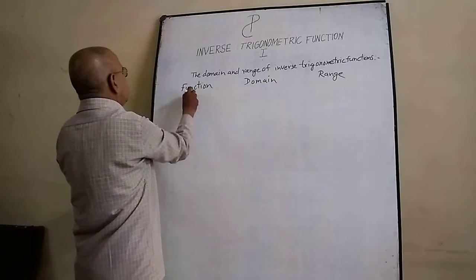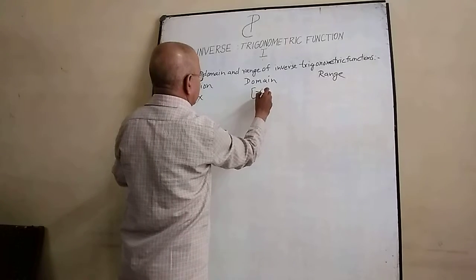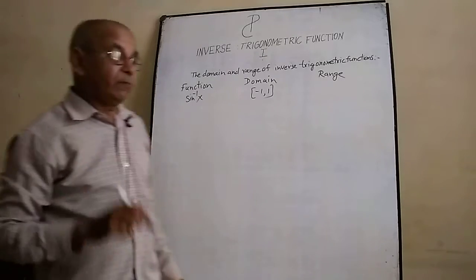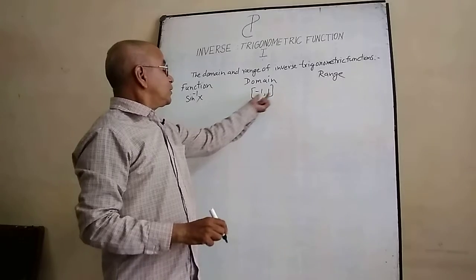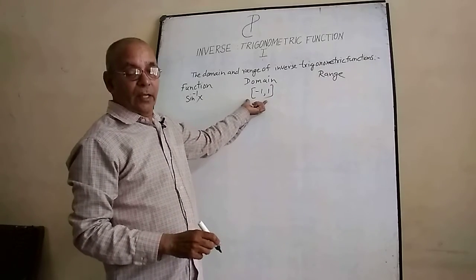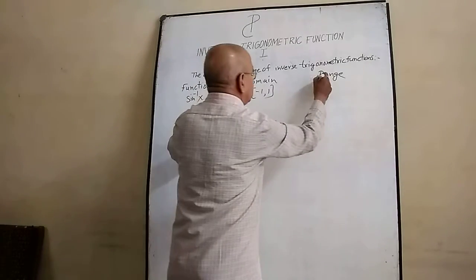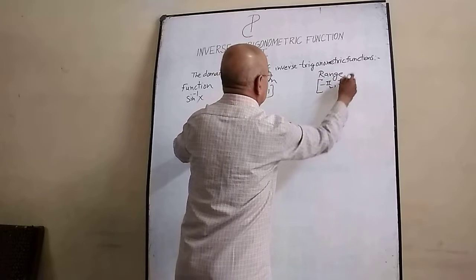Suppose sine inverse x: the domain is always, remember, minus 1 to 1. Of course, in trigonometry we say the domain is real numbers, and here we mention a restriction that they are closed intervals. And when they are closed intervals, the range is represented as minus pi by 2 to pi by 2.